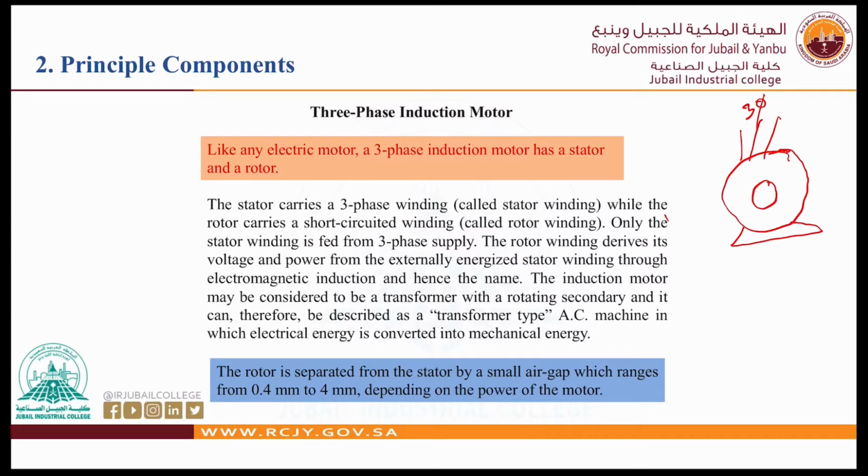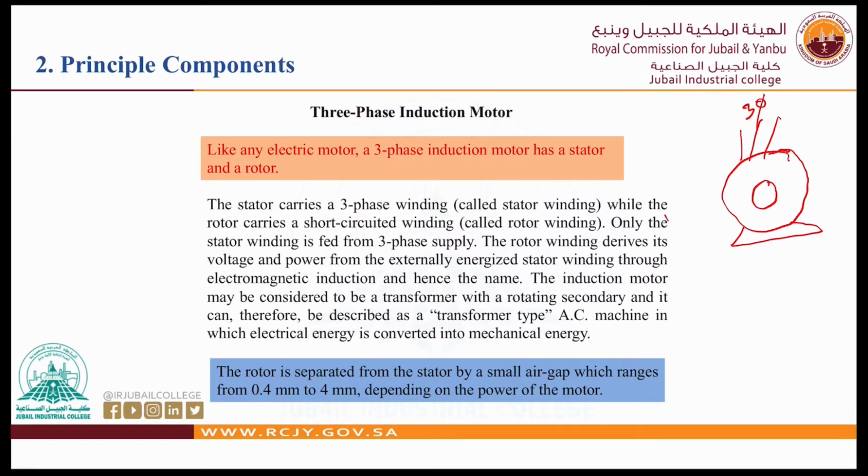The air gap is usually between 0.4 millimeter to 4 millimeter, which is very small space. Okay, if we have, let's say, a 1 centimeter air gap, then we are not going to have the magnetic field going from the stator to the rotor because of the space, because it is very large space.